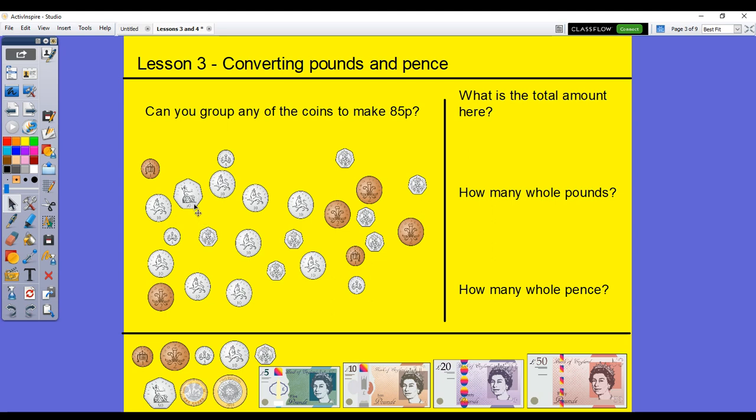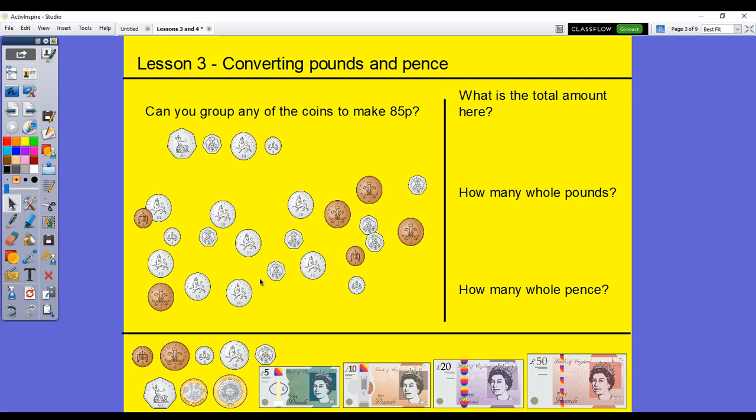That's our highest coin. So we have 50 and we need to get to 85. 50 and 20 is 70. If I add another 20, that's going to equal 90, and that's too much. So 50, 70, 80, 85.